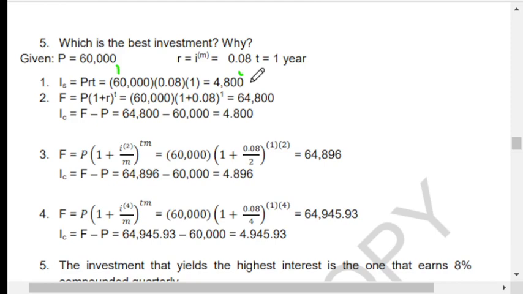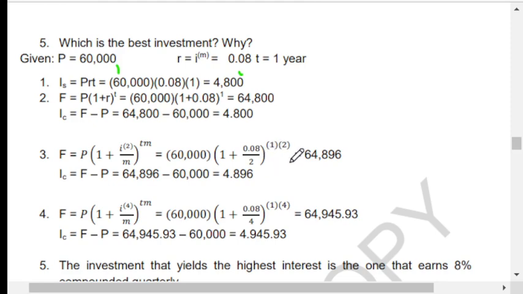For the third one, it would be compounded semi-annually for 1 year. So semi-annually, that means you are going to divide the 0.08 by 2, and then for 1 year, multiply it by 2.